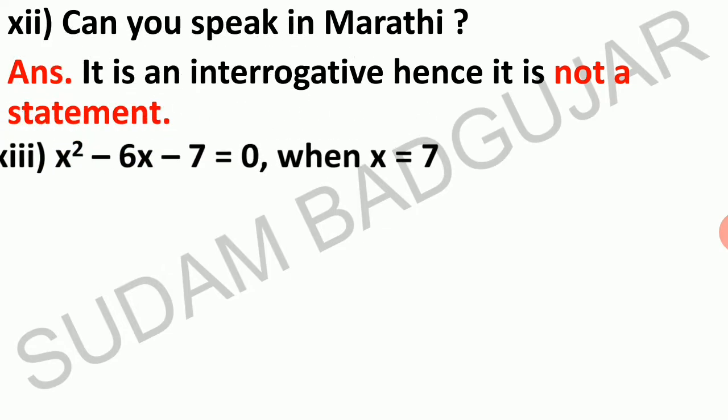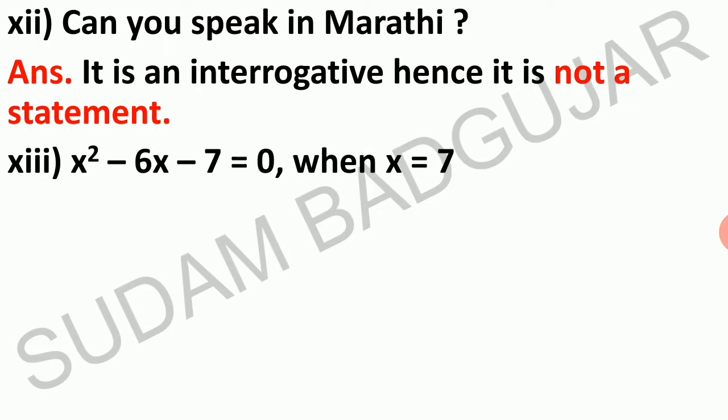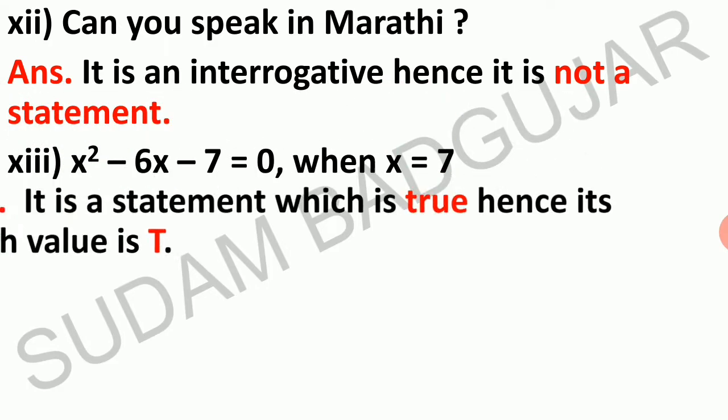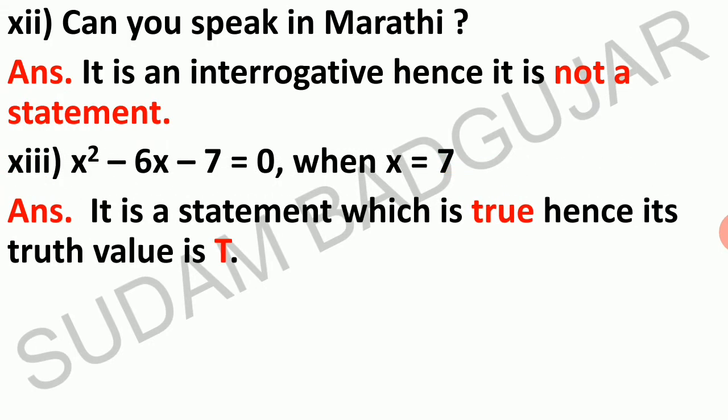Now question number 13, x square minus 6x minus 7 is equal to 0 when x is equal to 7. Yes, it is a statement and it is true or false depending on the given value of x. If you substitute x equal to 7 in LHS, meaning replace x by 7, and it satisfies RHS, meaning x equal to 7 satisfies this equation, then it is true, otherwise false.